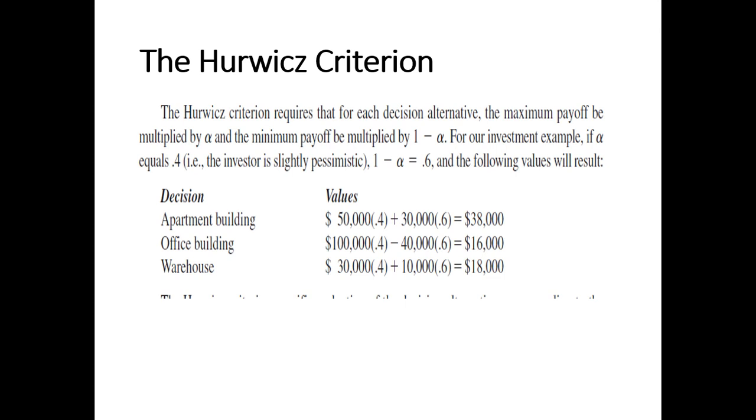So in the Hurwicz Criterion, for each decision alternative, like apartment building, office or warehouse, in order to make a better decision, the OR specialist asks a question that there are two states of nature, good and bad. We don't know how it will be tomorrow, and we are not calculating it mathematically also.